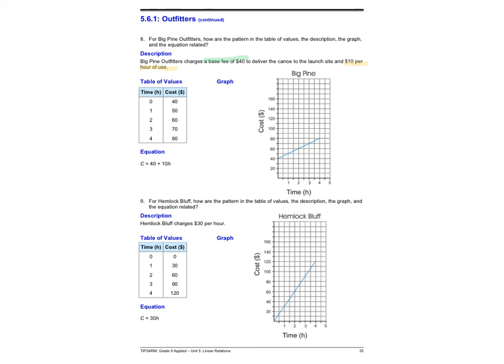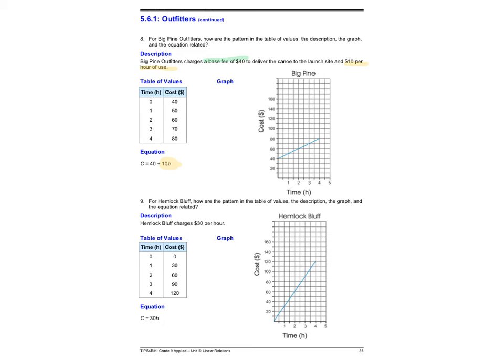So we need to now look at where this $10 per hour of use comes in. Well, it's given to us in the description, and we know that that is $10 per hour in the equation. We need to figure out, what does that $10 per hour of use do in the table of values and in the graph? Let's start with the table of values.